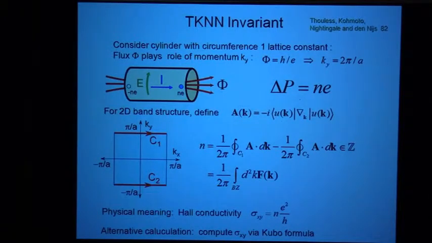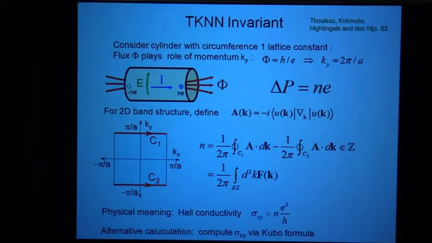Now, there's another calculation you can do, which takes a little bit of algebra, so I didn't want to take you through it. Sigma xy, the Hall conductivity, is something that you can compute in a system using linear response theory. That's a standard tool that we have to calculate things.